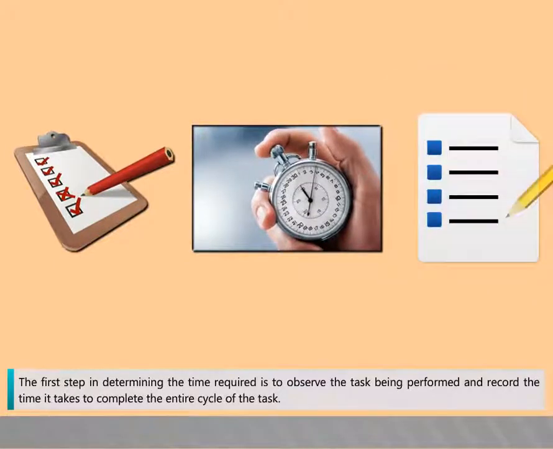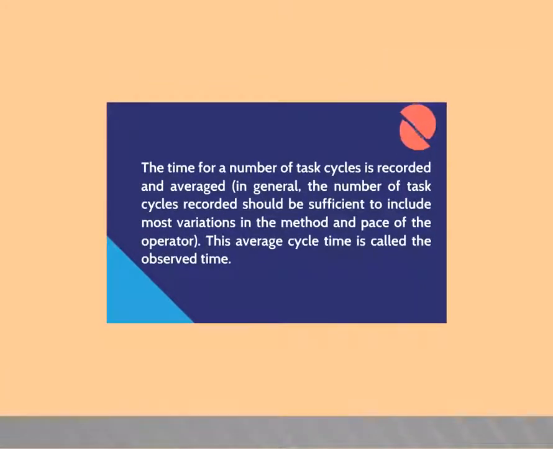The first step in determining the time required is to observe the task being performed and record the time it takes to complete the entire cycle of the task. The time for a number of task cycles is recorded and averaged. In general, the number of task cycles recorded should be sufficient to include most variations in the method and pace of the operator.